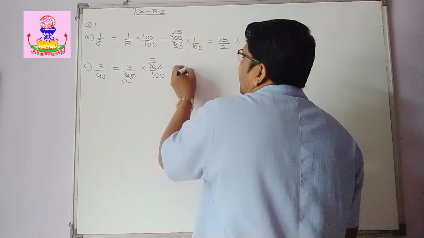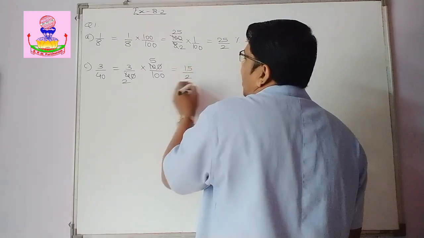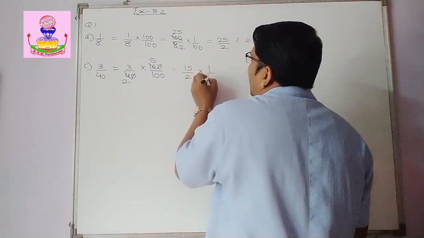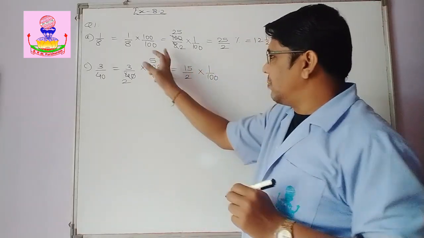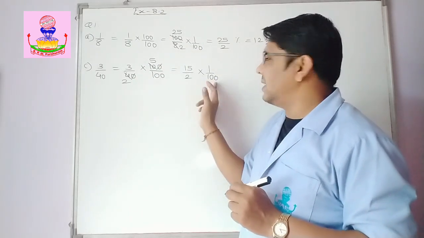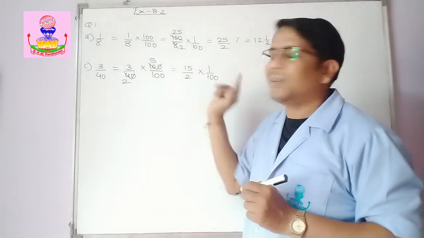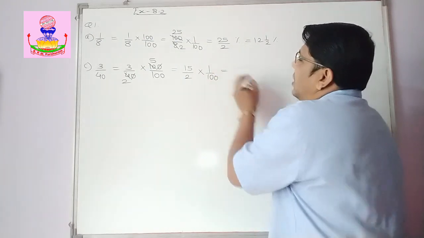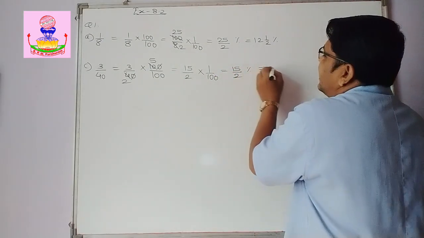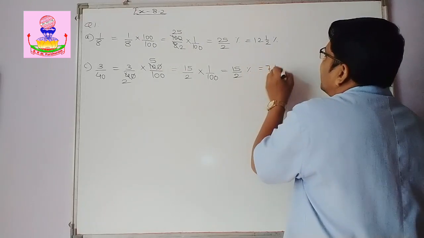Now 2 2s are 4, 2 5s are 10. So it becomes 5 3s are 15 upon 2, and into 1 upon 100. Okay, so 5 3s are 15 and 2 here and 100 as it is. So this becomes percent. Okay, now that is equivalent to 15 upon 2%.